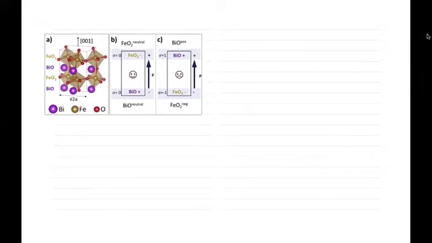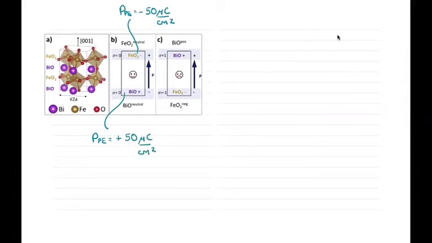And in the paraelectric state, with the FeO2 surface, the polarization is minus 50 microcoulombs per square centimeter, whereas on the bismuth oxygen surface, it's plus 50 microcoulombs per square centimeter.